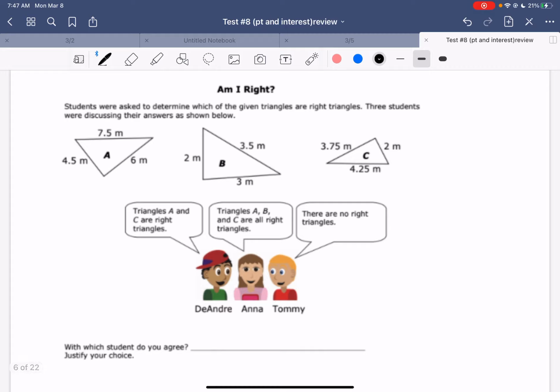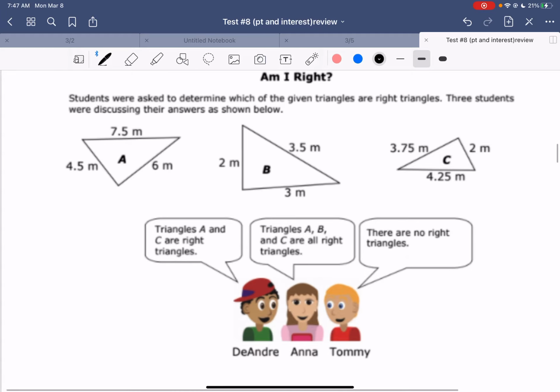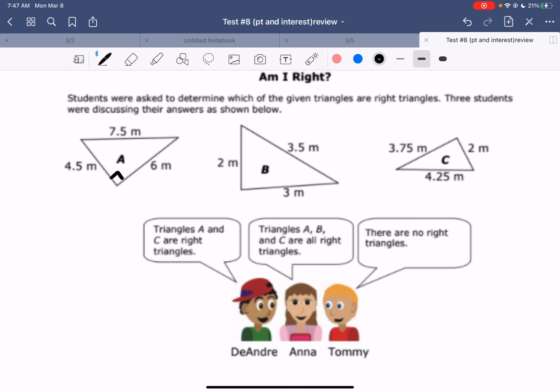Students were asked to determine which of the given triangles are right triangles. 3 students were discussing their answers as shown below. DeAndre, Anna, and Tommy are all saying different things about these different triangles here. In order to figure out which student is right, we have to take our 3 triangles and determine whether they are right triangles or not.